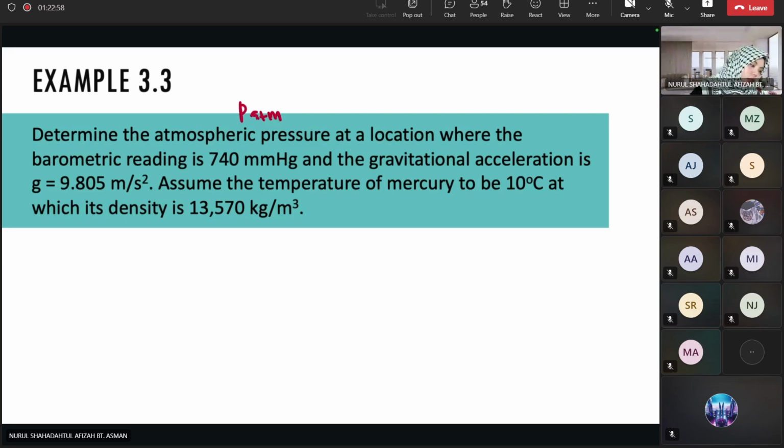Okay. For this example, I will call someone to answer, to give the answer. So we are looking for the atmospheric pressure.